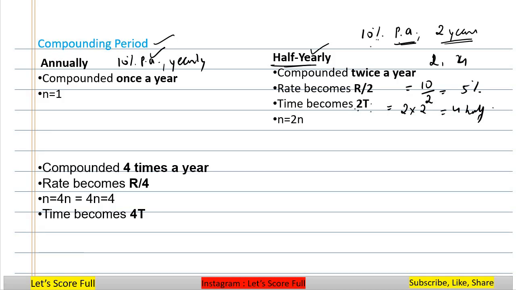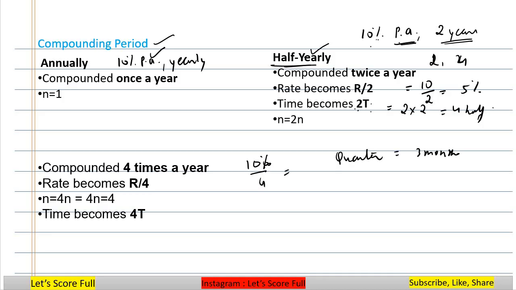Sometimes it also asks quarterly, right? Quarterly means 4 times a year. If 10% per annum is given, I need to calculate 4 times, so divide it by 4 because this is for the year. Quarterly means for 3 months.